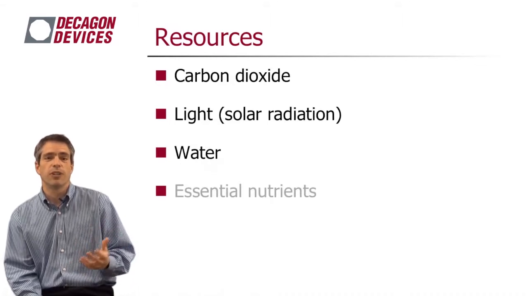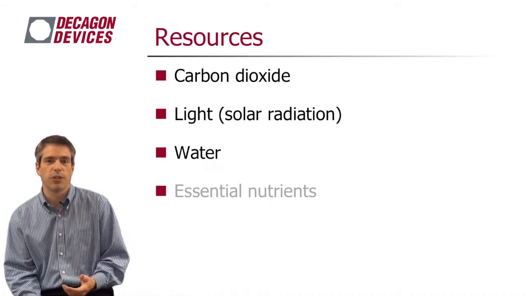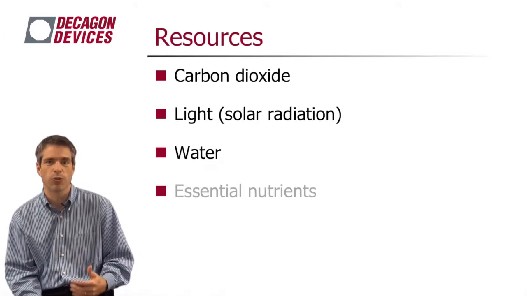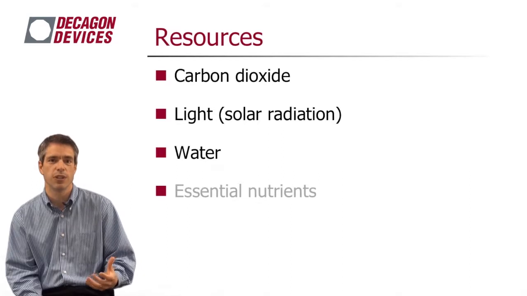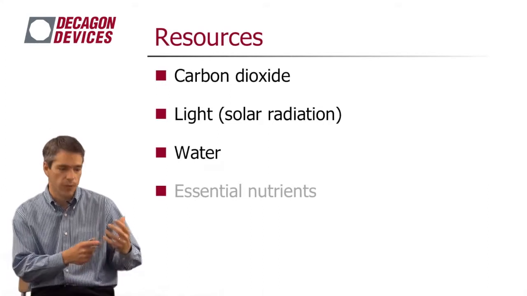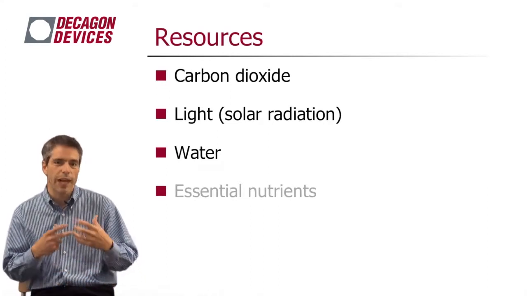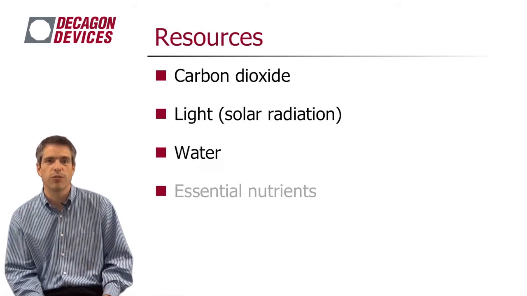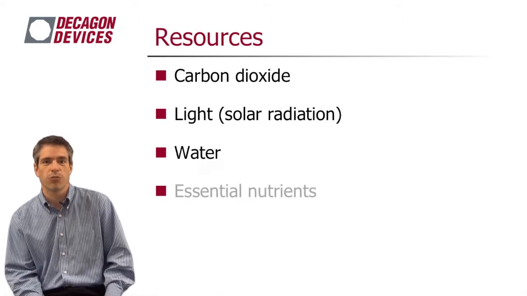Now, we're going to focus in on three resources, three things that I would like to study, being an environmental biophysicist and someone who looks at the soil-plant-atmosphere continuum and tries to understand this resource capture, how it happens, and how we can eventually go from making measurements in the field to actually modeling this. And we're going to talk about these three things: first of all, carbon dioxide, and light or solar radiation, and then water.